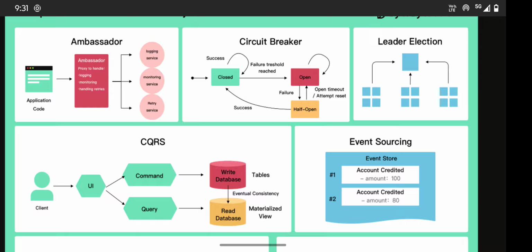Okay, that is fine, but how do you manage these multiple servers? There should be a leader, right? There should be a coordinator. There should be a leader who actually selects, propagates, decides, and orchestrates these things.